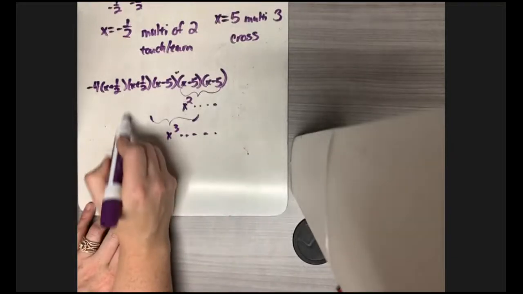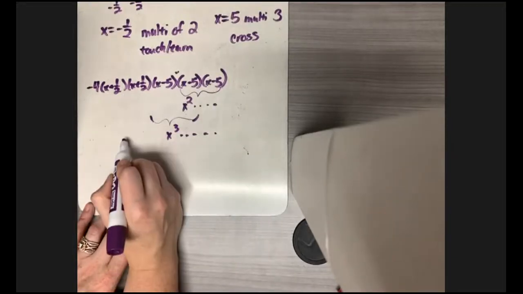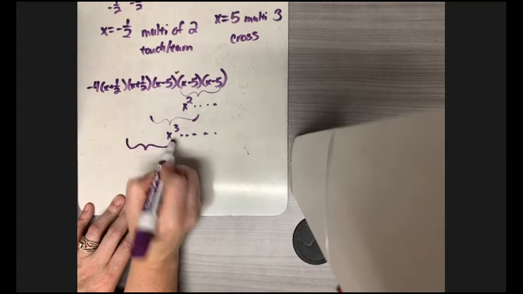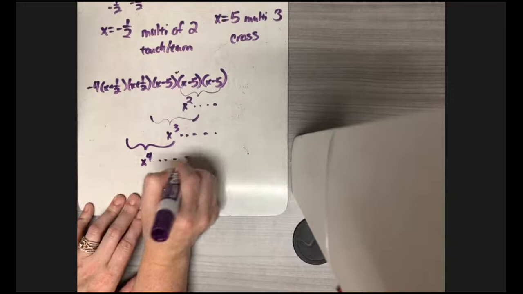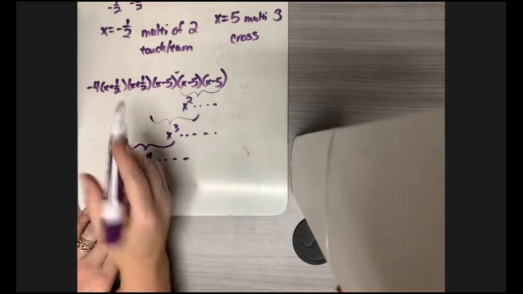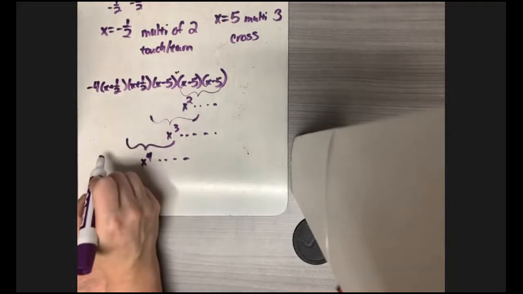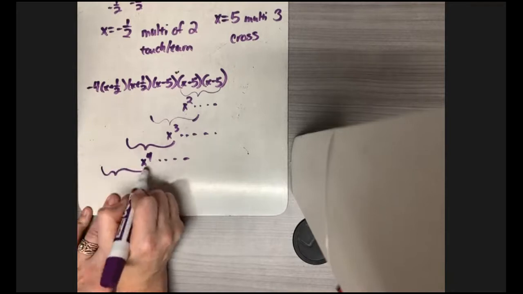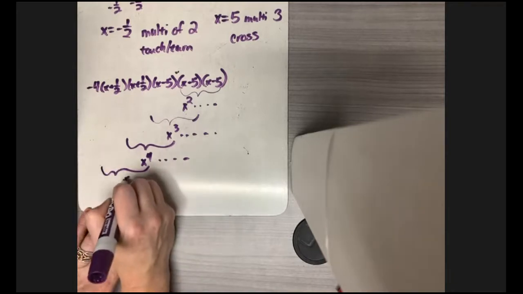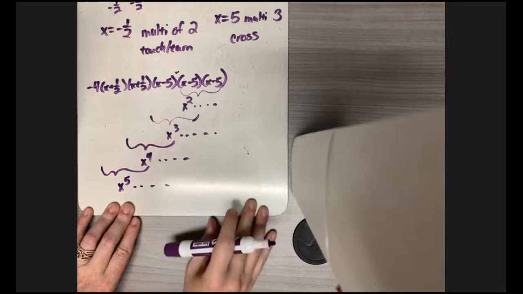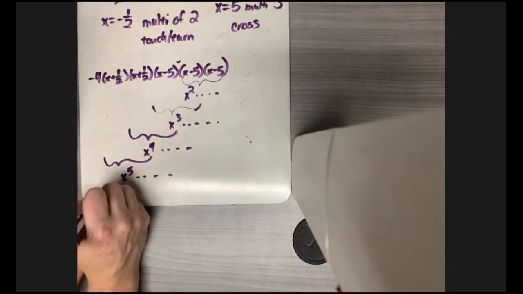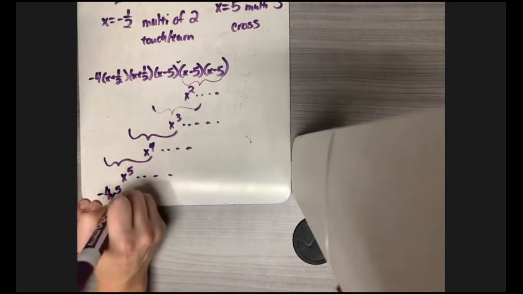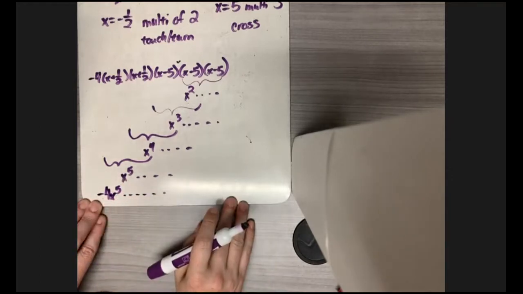And if I took this x plus 1/2, along with that x cubed chunk that I had, I would get an x to the 4th with a bunch of stuff back behind it. And then if I took this piece and multiplied it with that x to the 4th, I would have an x to the 5th with a bunch of stuff back behind it. Then bringing in that negative 4, I would have negative 4 x to the 5th with a bunch of stuff back behind it.